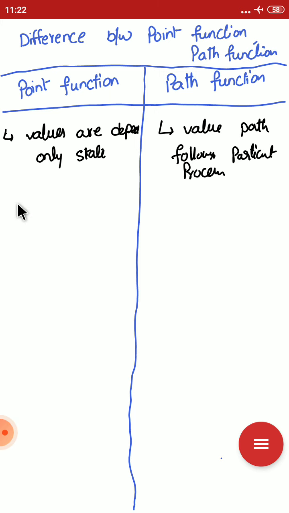For a point function, no matter by which process the state is obtained, its value always remains the same.